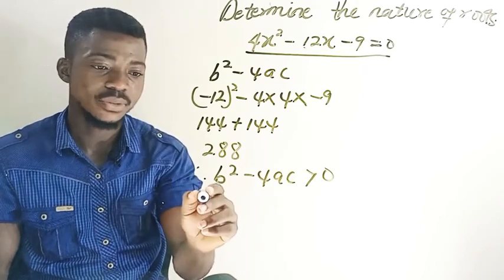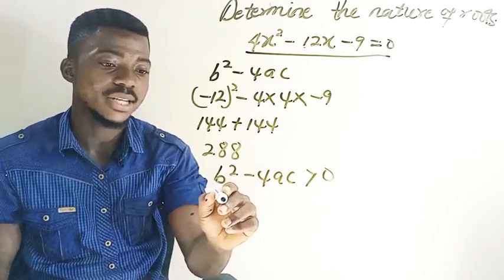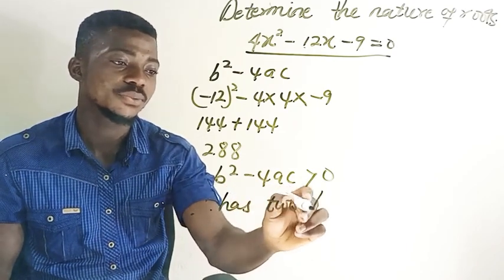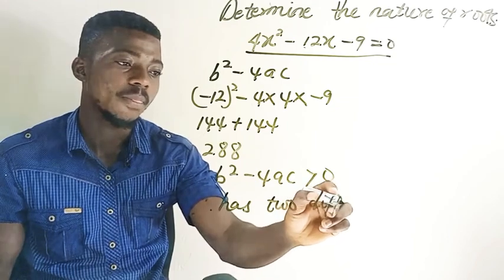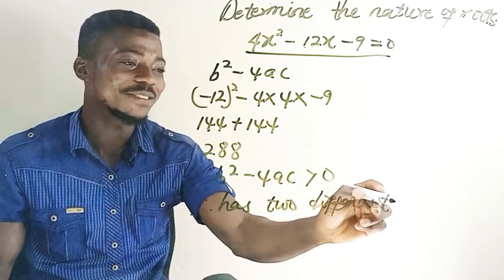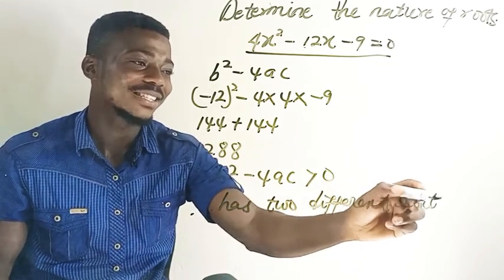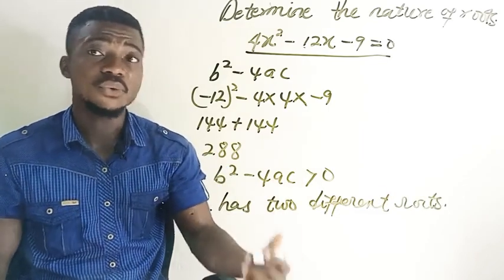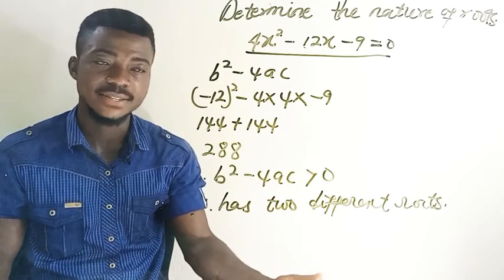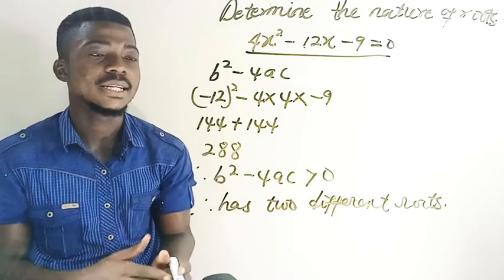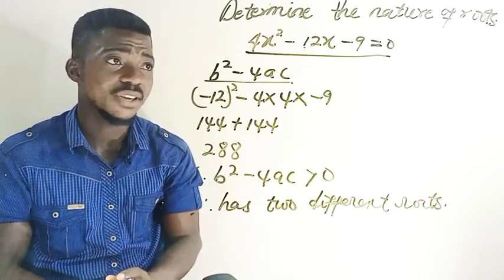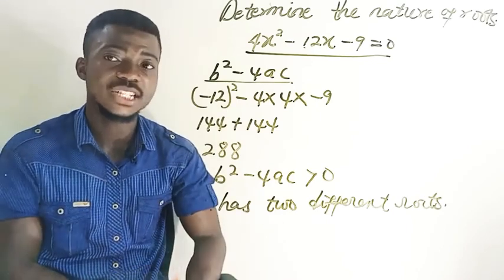Therefore, the equation has two different roots, or in other words, it has real roots. That is how you find the discriminant of any equation, and after you get it, you can determine the nature of the roots.